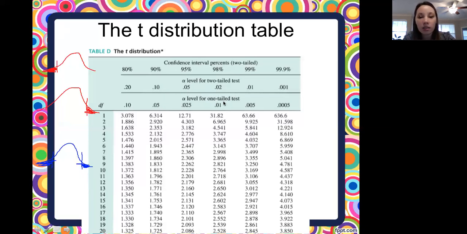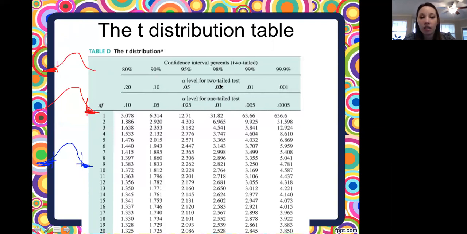So for a one-tailed t-test with an alpha level of 0.05, what that's saying is we are interested in either the top or bottom 5% of the distribution. It's interested in the 5% at the top or bottom of the distribution.